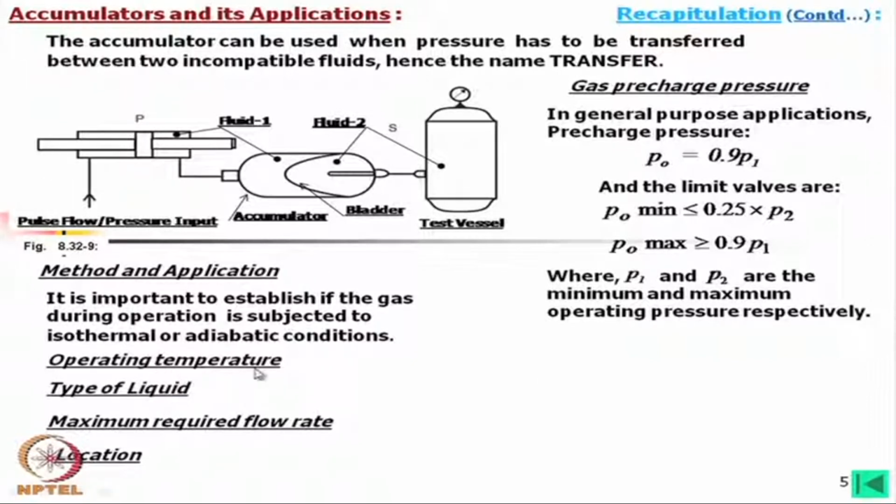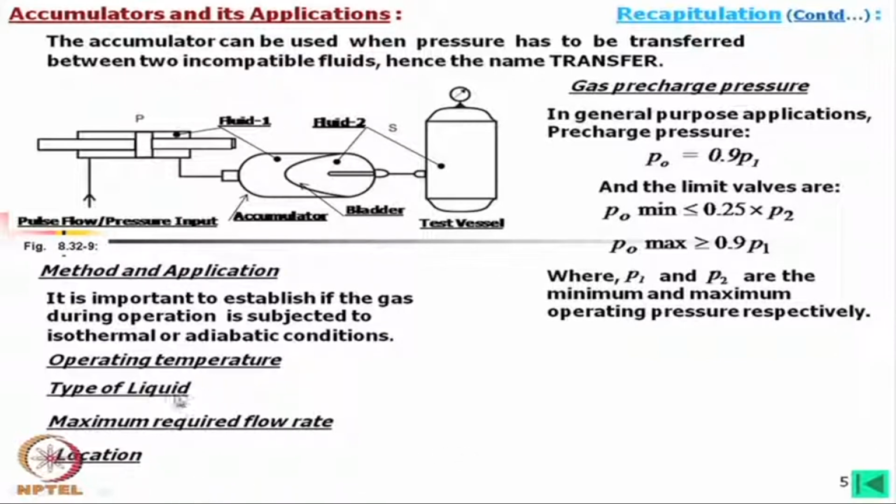The operating temperature is also important, as are the type of liquid, the maximum required flow rate, and the location where we should put the accumulator.